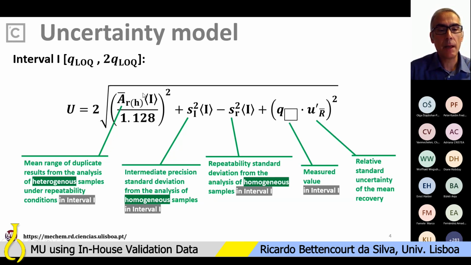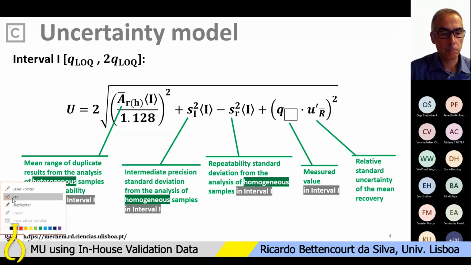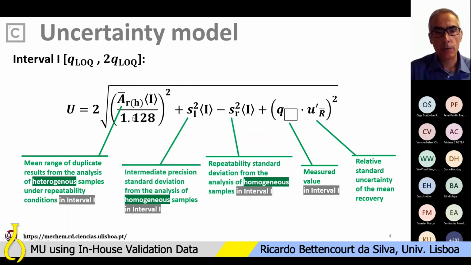We divide this mean range by 1.128 to get the repeatability standard deviation from measurements of heterogeneous samples. The second term in the slide is the intermediate precision standard deviation from the analysis of homogeneous samples, because typically we check the intermediate precision by analyzing something homogeneous on different days.